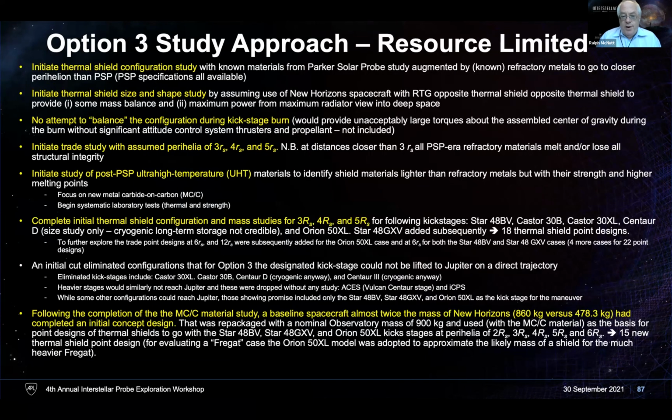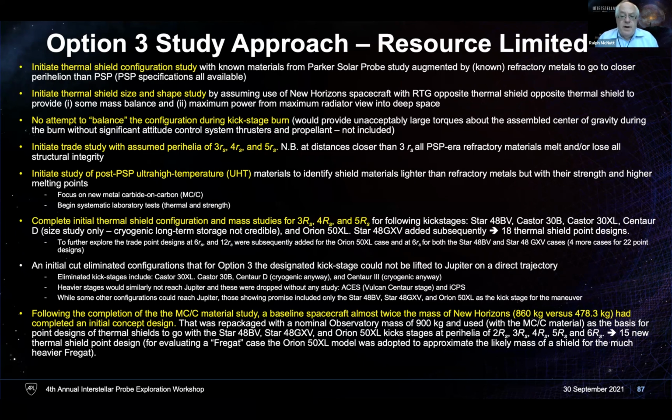And no, I'm not going to read all of this, but this basically outlines the study approach. And again, these slides are going to be available. Suffice it to say that in dealing with the solar orbit maneuver, we had to go through a very logical step-by-step approach in order to put things together. At the beginning of the study, we took a look at a more primitive kind of thermal shield and used the New Horizons spacecraft as a model.